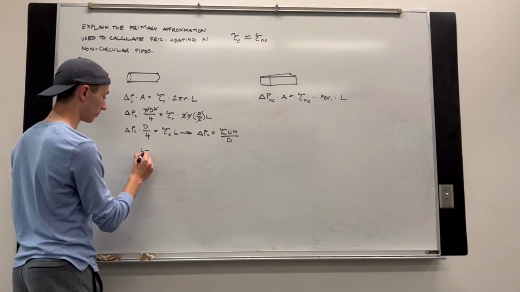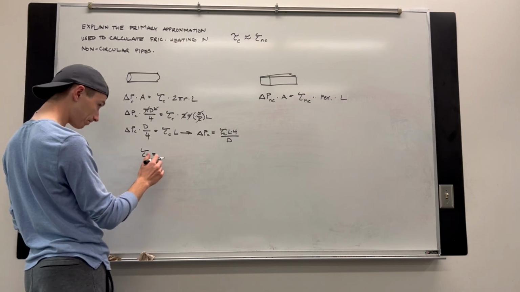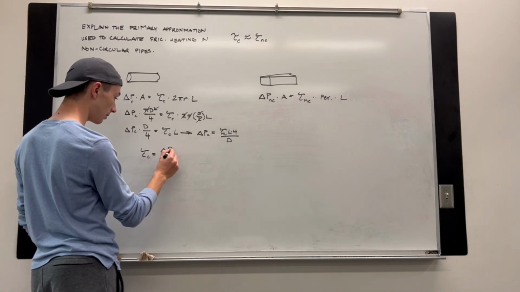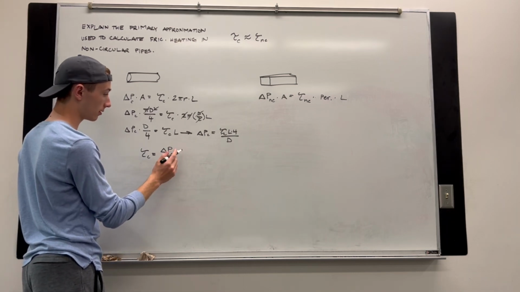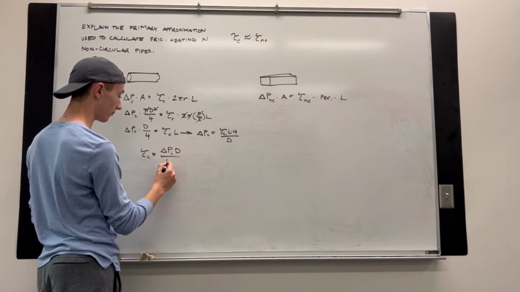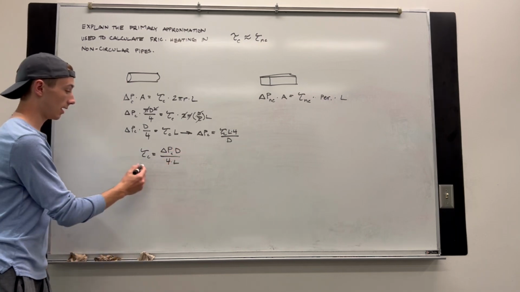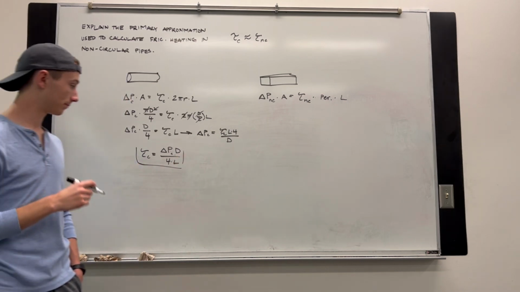So we have the shear stress in the circular pipe is equal to delta P of the circular pipe times the diameter over 4 times the length. Okay, and that's the expression we get for the shear stress of a circular pipe.